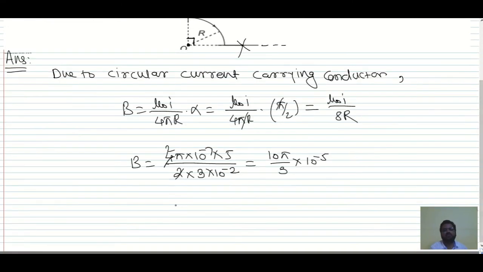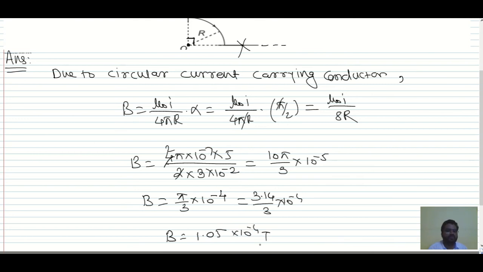So B is equal to pi divided by 3 into 10 to the power minus 4, which is 3.14 divided by 3 into 10 to the power minus 4. So B we have is approximately 1.05 into 10 to the power minus 4 Tesla. So I hope this is clear.